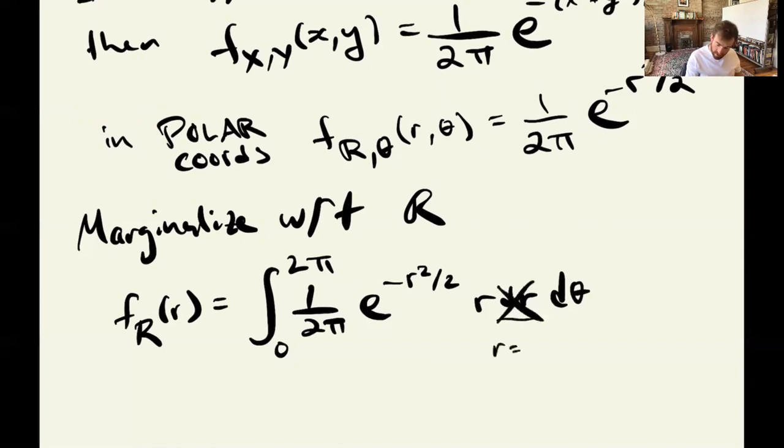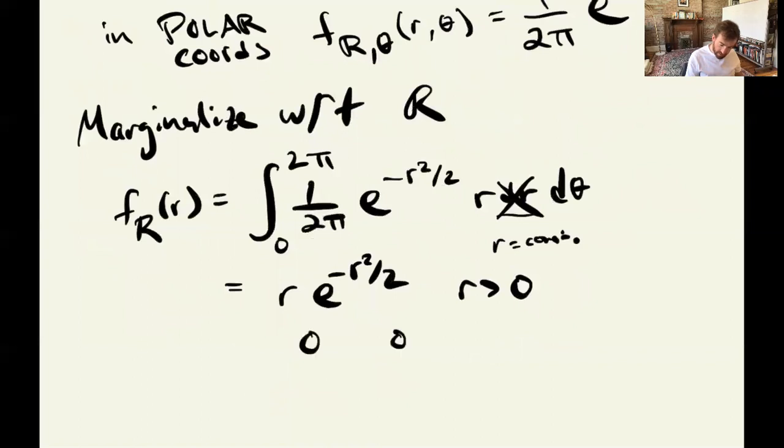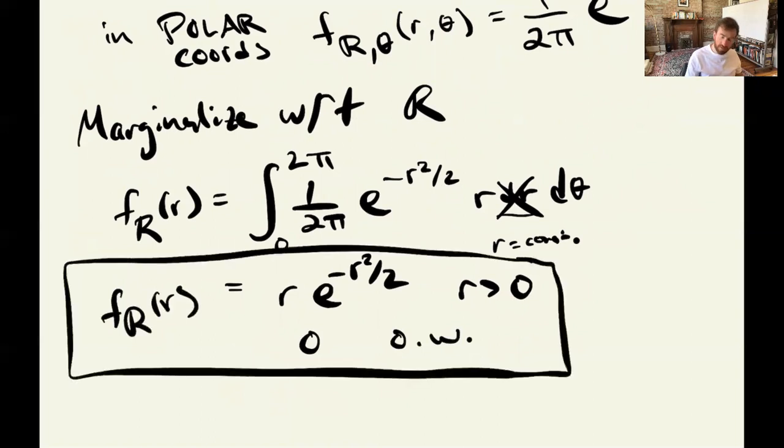So because r is constant, and so now just by integrating out theta, we end up getting, well, the 2 pi goes away. And so we end up with r e to the minus r squared over 2 for r greater than or equal to 0 and 0 otherwise. And that is our marginal for 2 normally distributed random variables.